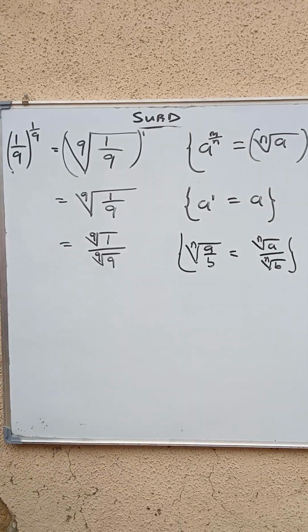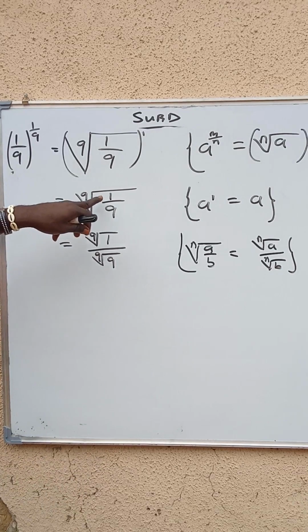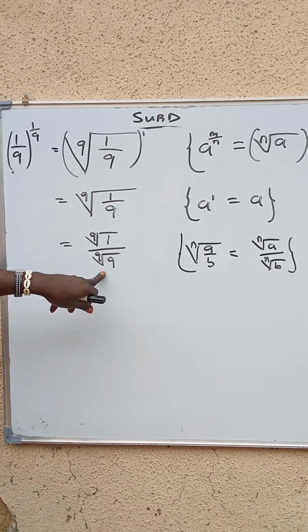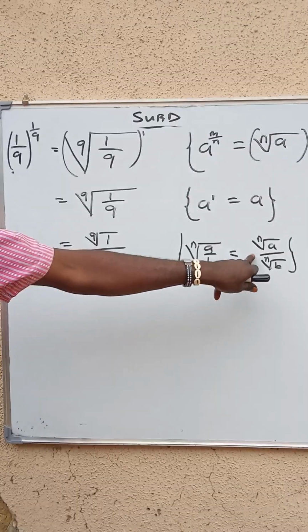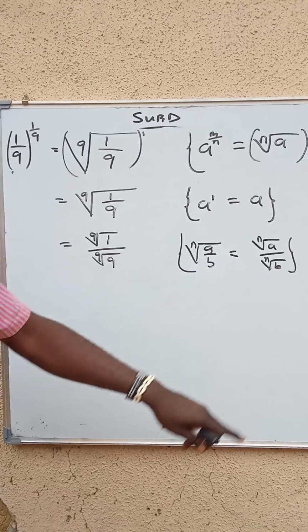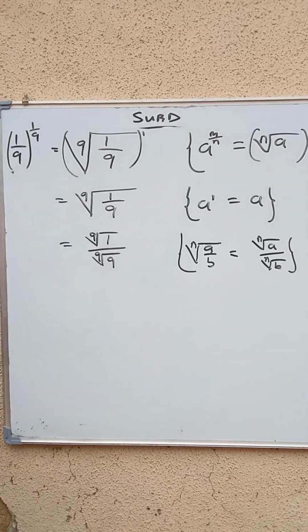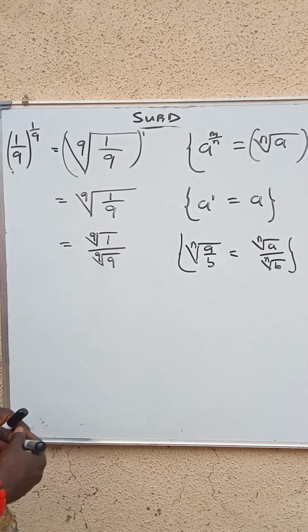Good. So that is what I did from here, right? Since the nth root of a over b will give me the nth root of a over the nth root of b, I'm correct. It's one of the rules of surd.